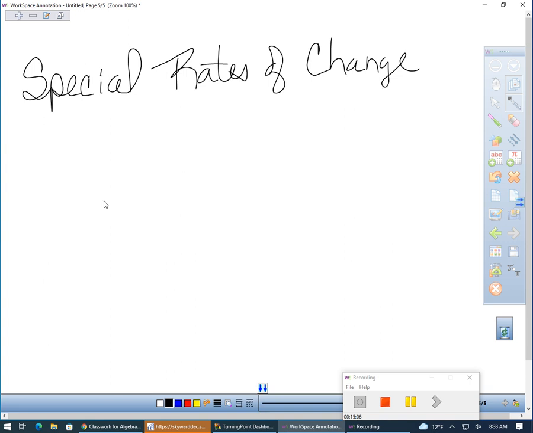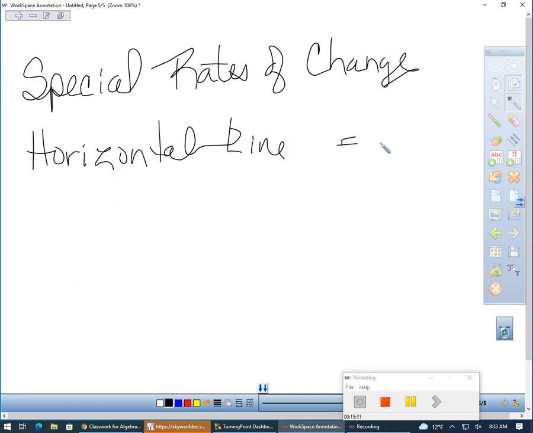Special rates of change are if you have a horizontal line. If I had a line that's set like this, it's straight, right? If I put a car on top of that, how much is that car going to move? Zero. So the rate of change for a horizontal line is zero. Exactly.